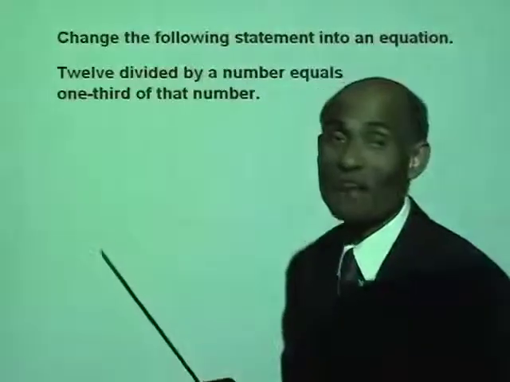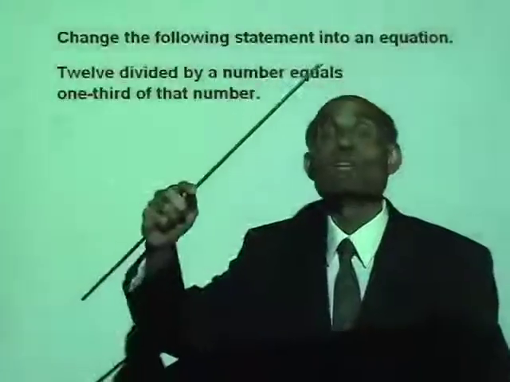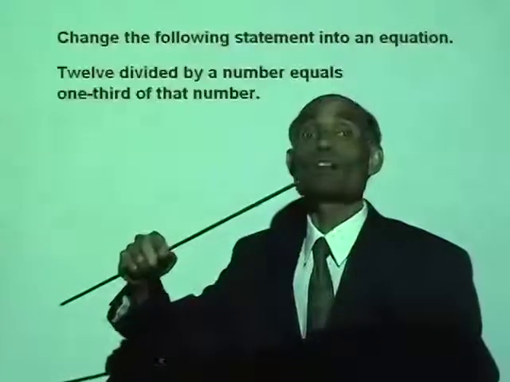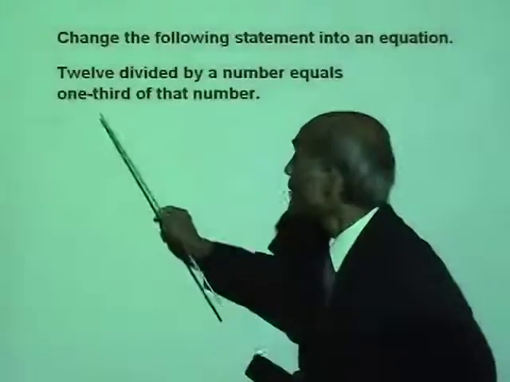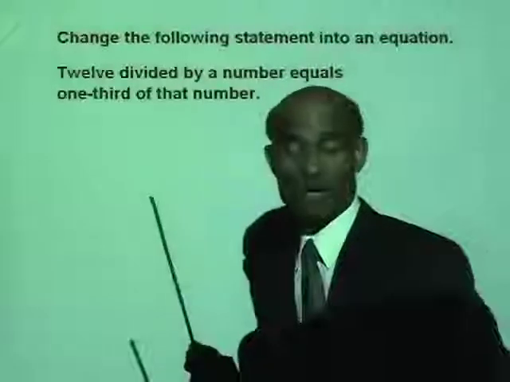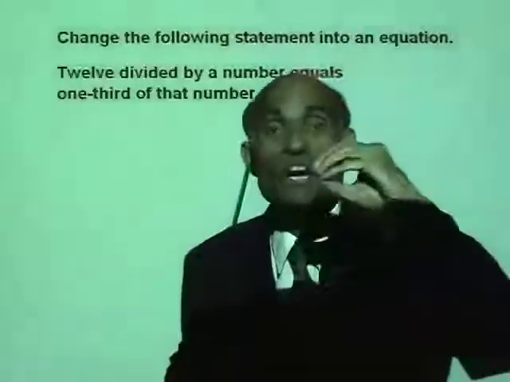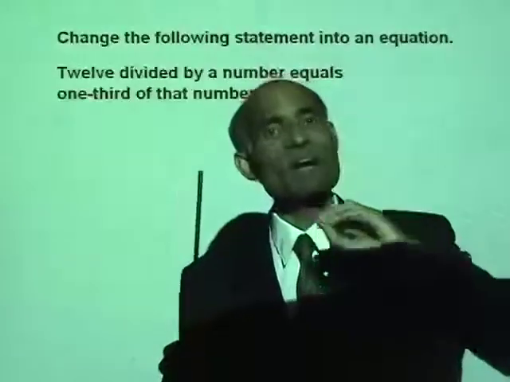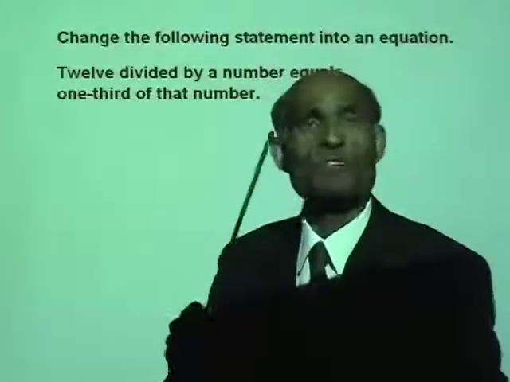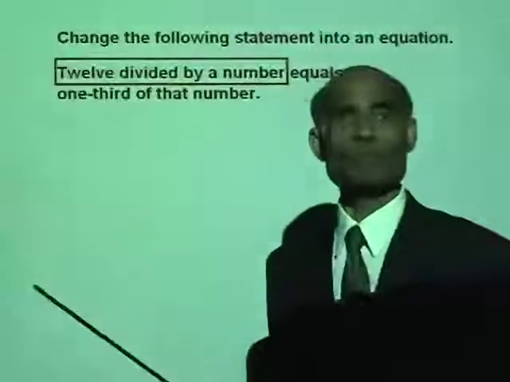So 12 divided by a number will be 12 over x equal to 1/3 of that number. Well, 1/3 of a number can be written as x divided by 3 or simply 1/3 x.